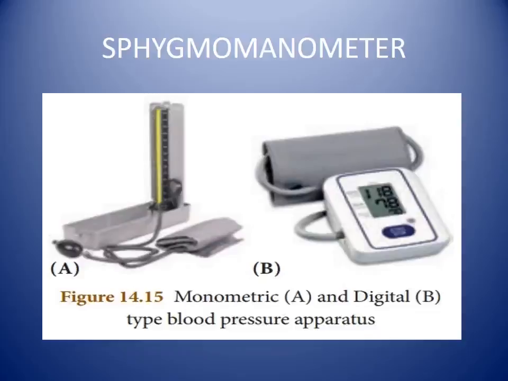The sphygmomanometer is a clinical instrument used to measure blood pressure. To measure blood pressure when a person is in a relaxed and resting condition, the pressure of the brachial artery is measured.